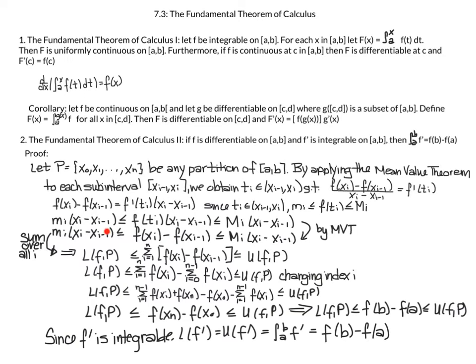Now, if we sum over all the i's, here we have our lower sum, here we have our upper sum, and here we have the sum from i equals 1 to n of f of x i minus f of x i minus 1. To combine these two, we need to change our index i. If I want this to go from i, I'm going to have to subtract 1 from the index.